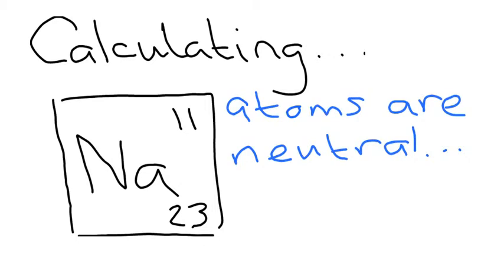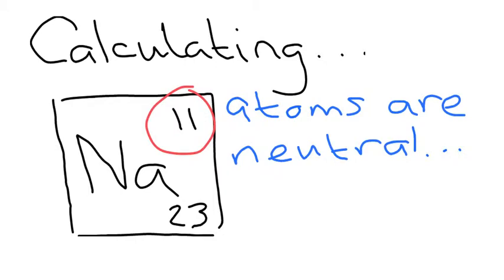Another thing about atoms is the fact that they are in fact neutral. We already know in the case of sodium, sodium has got 11 protons, so technically has got 11 positive charges inside the nucleus. If an atom is neutral, there must be 11 negatives that have the ability to cancel out those positive protons. Every positive can be cancelled out by a negative.